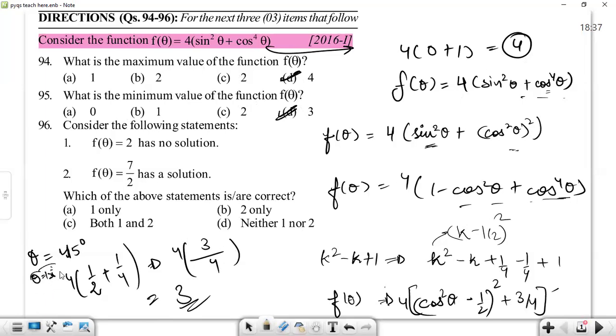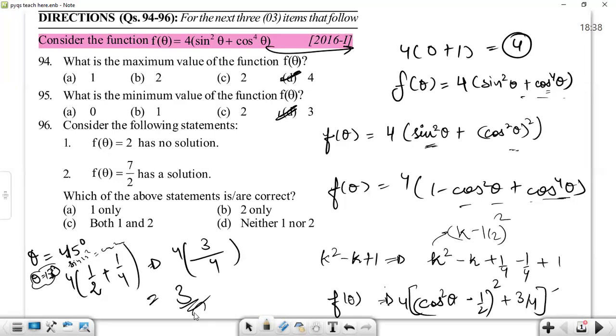Because it would have given us the same value, because sine of 135 square is equal to cos of 135 square.